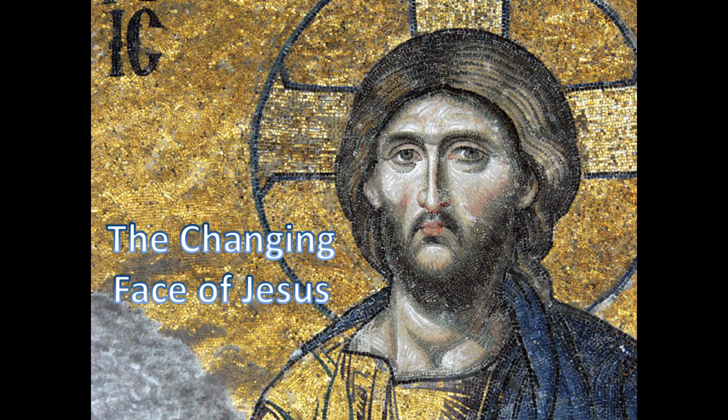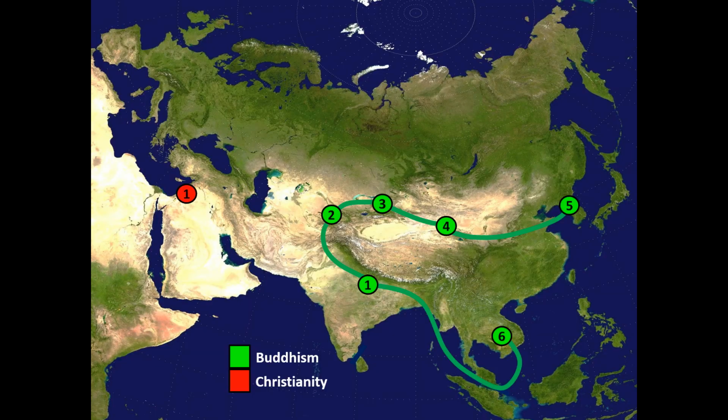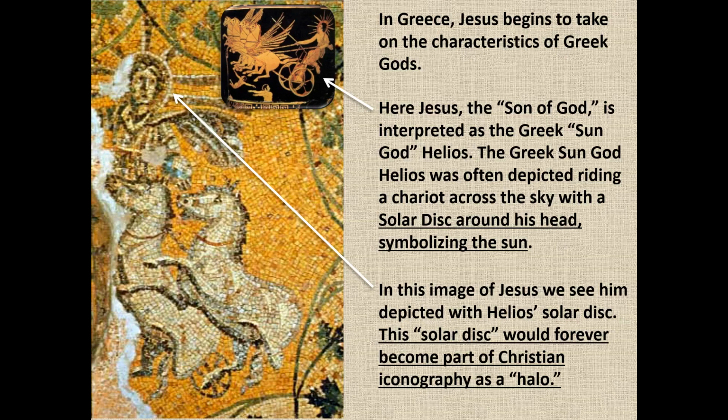Let's go ahead and look at Christianity and the changing faces of Jesus now. Again, Christianity began in the Middle East. And from the Middle East, Christianity spread throughout the Mediterranean, specifically first the Greek states. In the Greek states, Jesus begins to take on the characteristics of Greek gods.